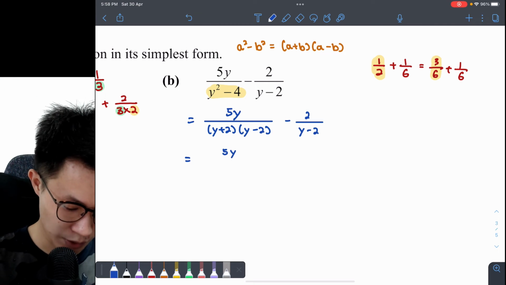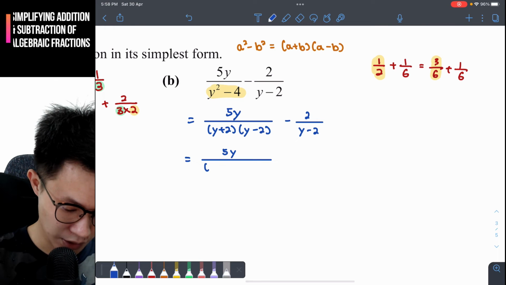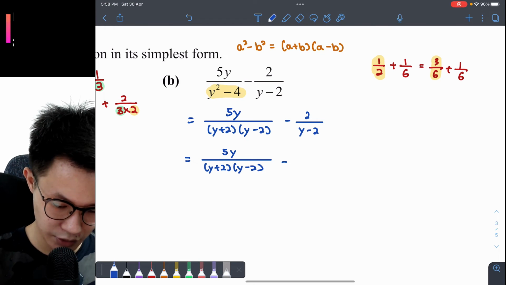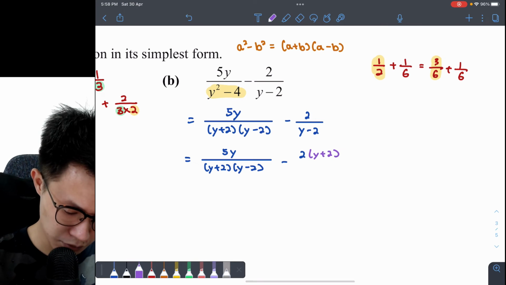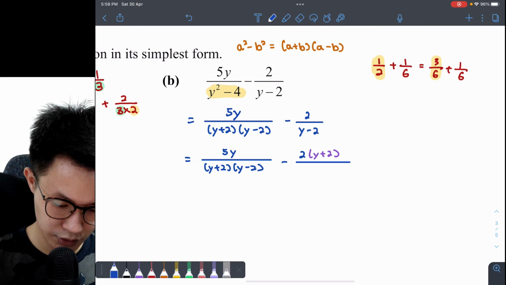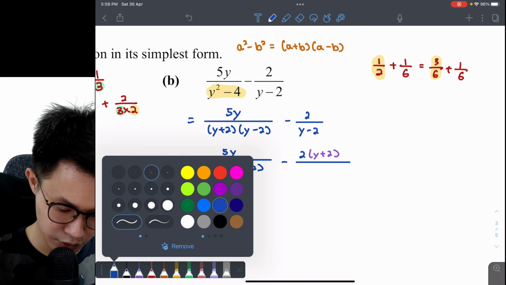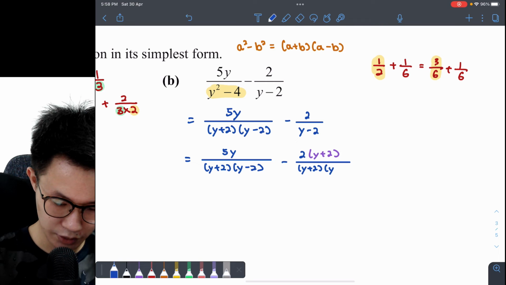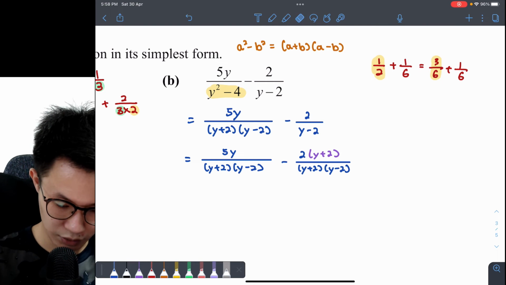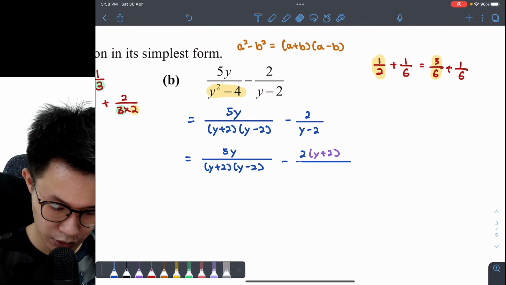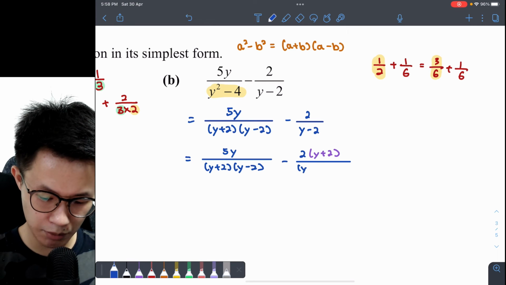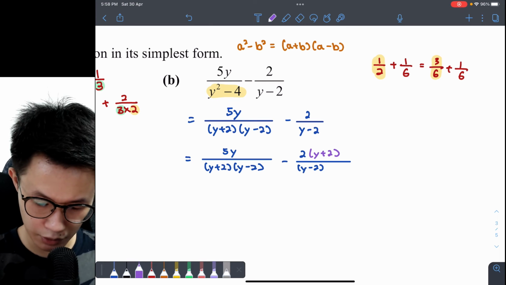So what I have is 5y divided by y plus 2 times y minus 2, minus 2 times y plus 2 over this over here. This over here is y minus 2 times y plus 2.